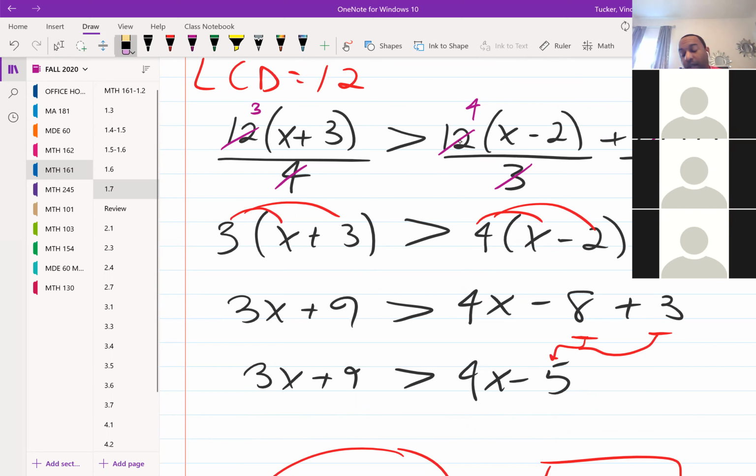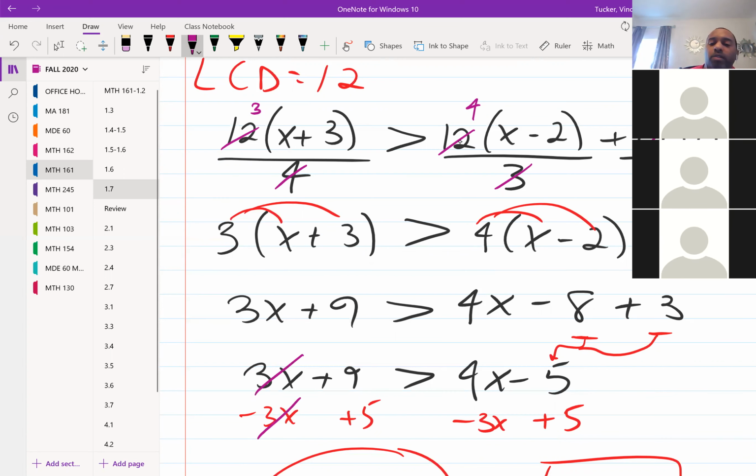Now your goal should be to get all of your terms with x on one side, and all of your terms without x to the other. It doesn't matter which way you go with it. I'm going to take my 3x to the other side just because I want to show you something, and I'll add 5 to both sides.